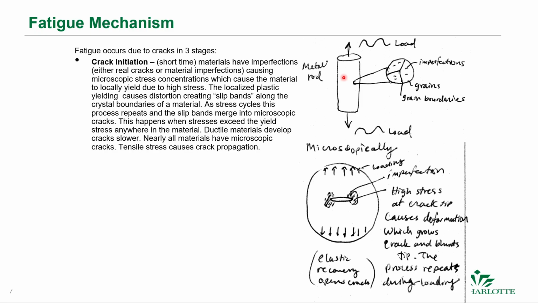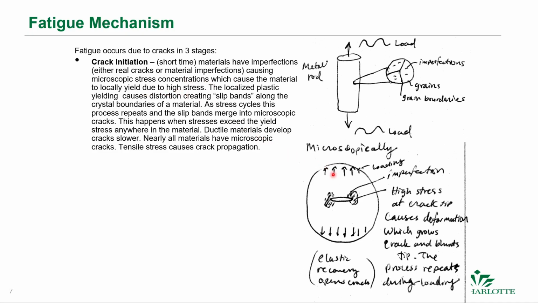The first stage of fatigue is crack initiation. Because of these imperfections in the material, either real material imperfections or damaged material, they cause microscopic stress concentrations, which cause the material to locally yield due to high stress.